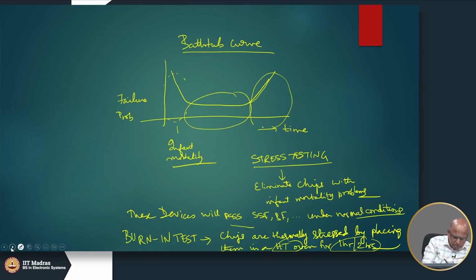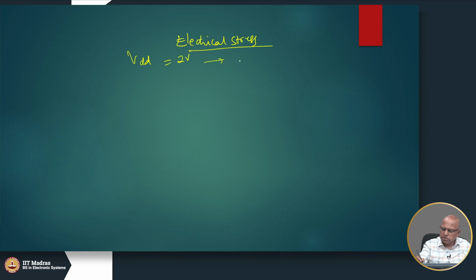The other stress that they apply is what is called electrical stress. That means VDD. It may be that VDD is supposed to be 2 volts. If VDD is 2 volts, increase the voltage to 5 to 10% above.